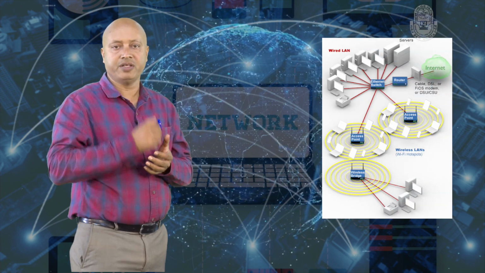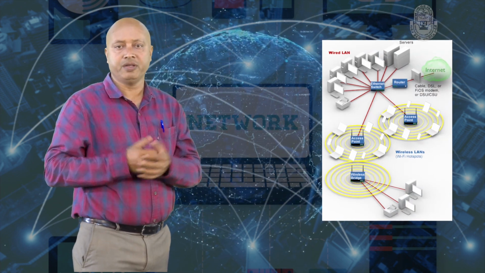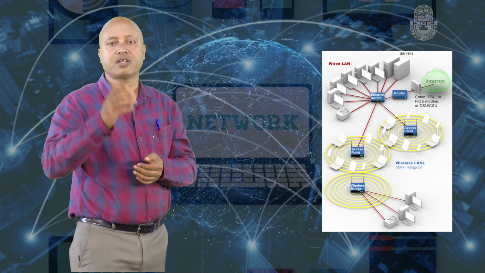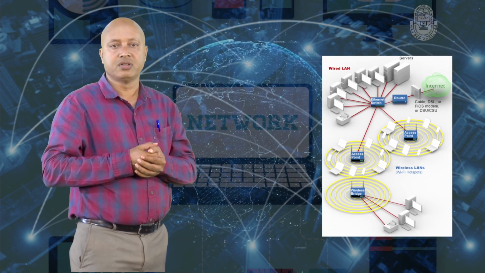A wireless bridge, which may also be referred to as a Wi-Fi bridge, works much like a wired network bridge. They play an important role in connecting LAN segments that are logically separated or located in different physical locations.